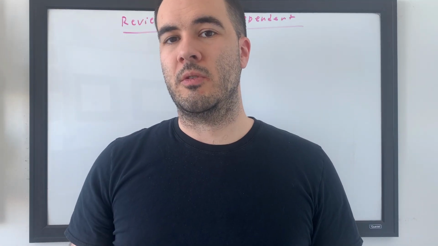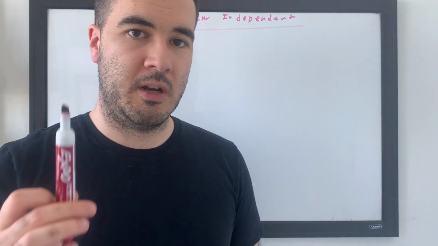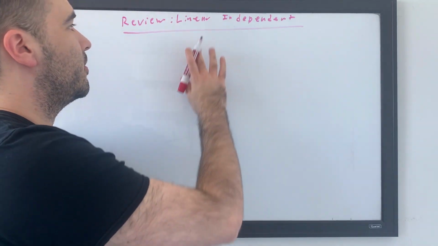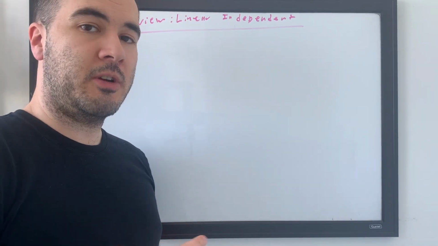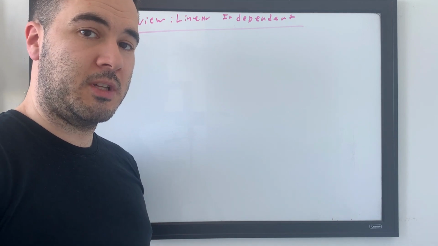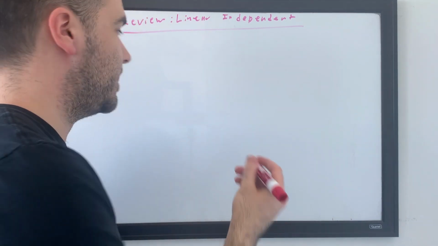Okay, before we get into a basis, we need to first review what we did in part 3. In part 3, we talked about linear independence, when a set of vectors were known as linearly independent. So let's just state what that was.